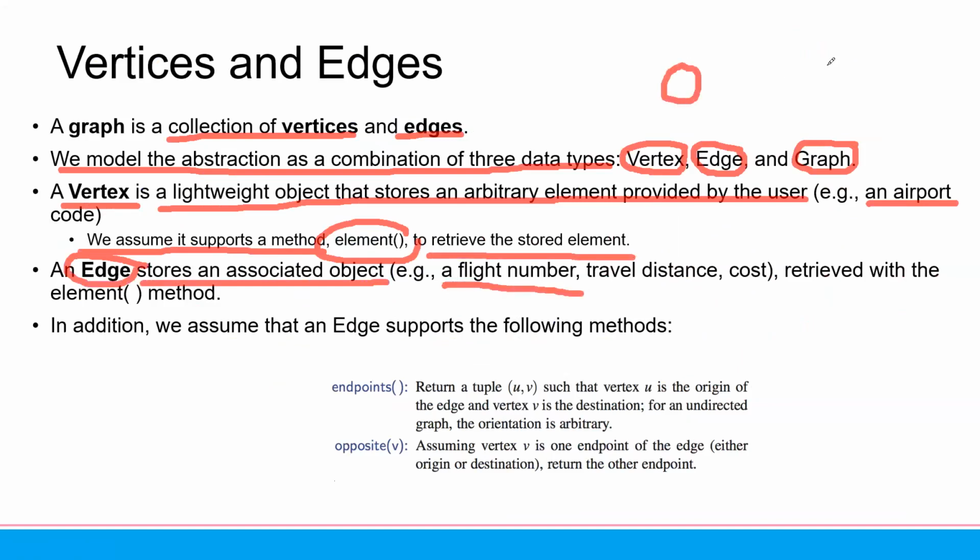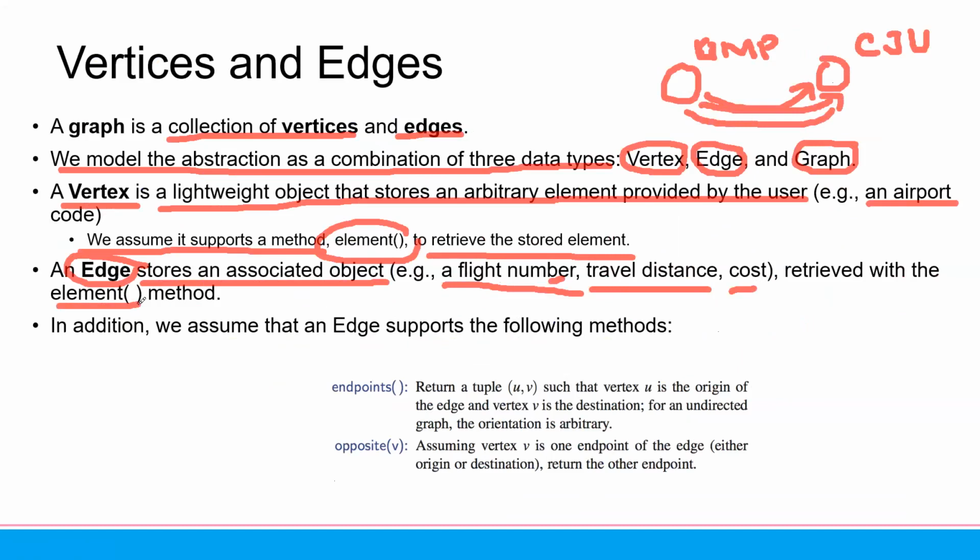So if I have a node from Gimpo to Jeju, then the edge can refer to the flight number, or the travel distance, so I can know how big the distance is from Gimpo to Jeju, or the cost, which is related to the airline cost, etc. So we can also have another method to access the properties or objects that we want to access.